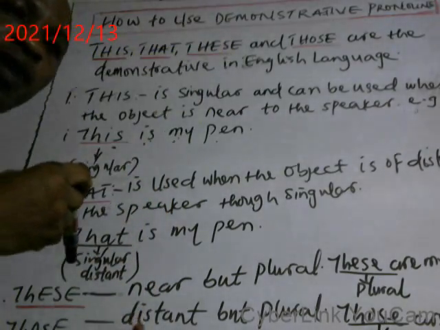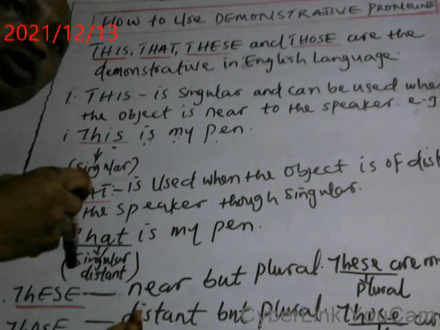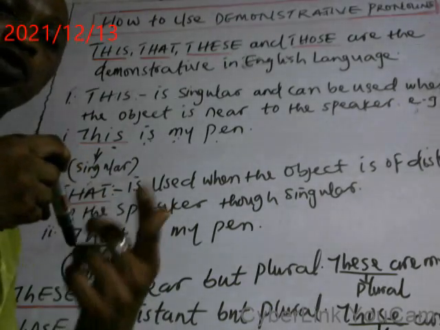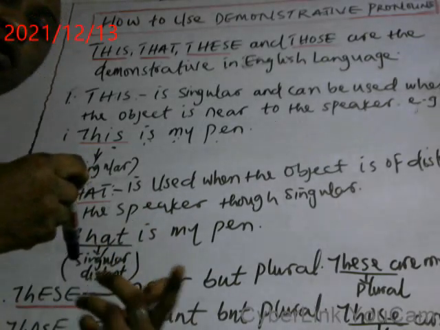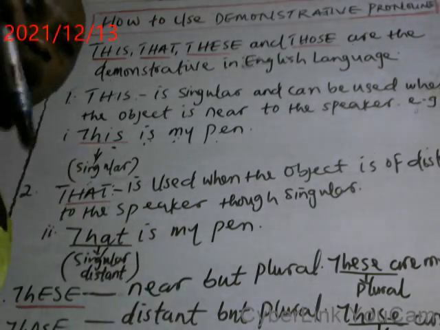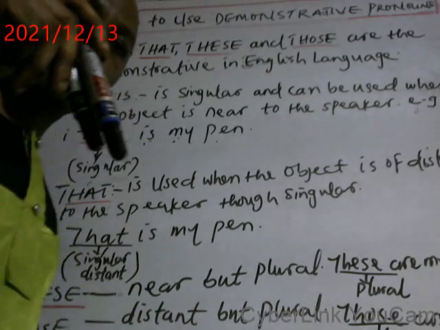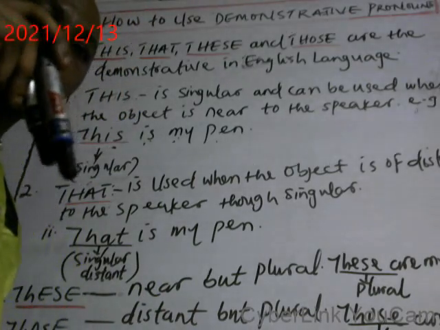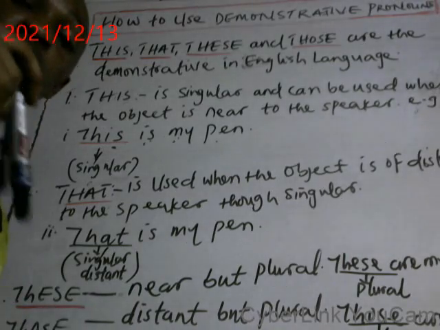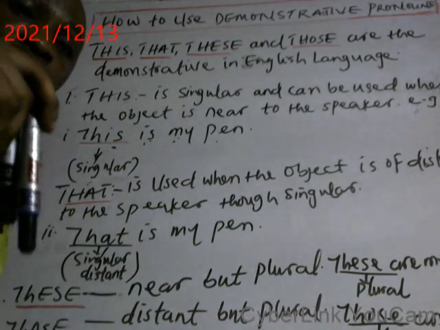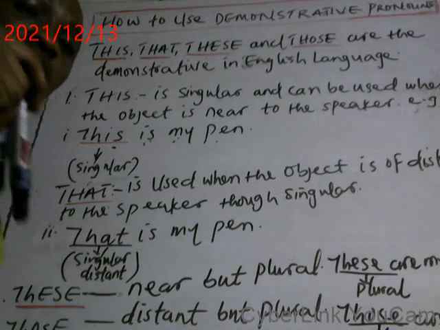Of course, by the time you have a plural subject, the verb that follows must also be what? Plural. And that is why we can have something like, these are my markers. The markers I'm referring to, they are very close to me. I have them at the tip of my fingers.